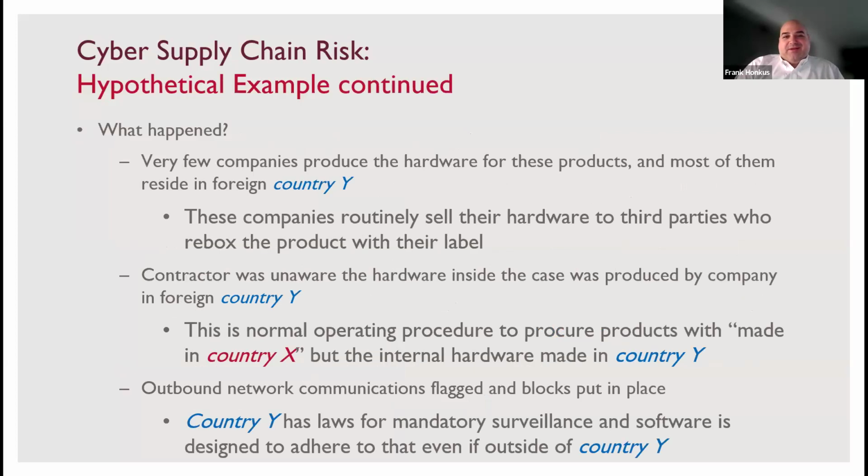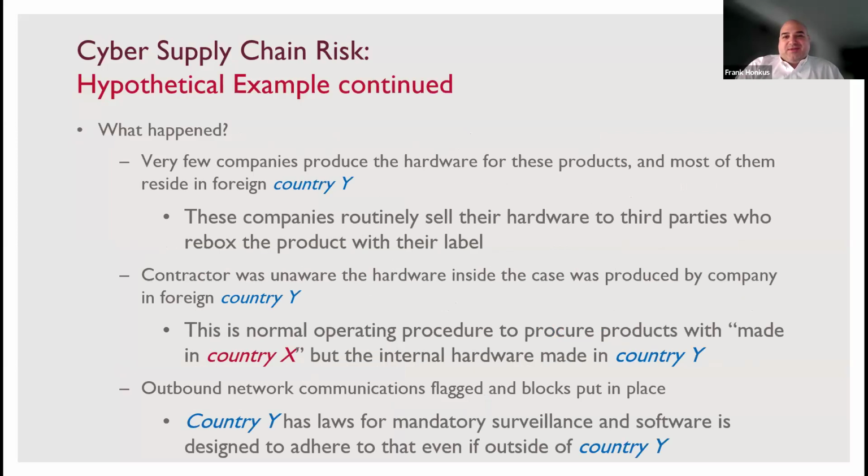So what happened? How did this go down? There are very few companies in the world that typically produce their components within the country of origin. Most are producing their components, in this hypothetical example, in country Y. These companies routinely sell this hardware from country Y to third parties.